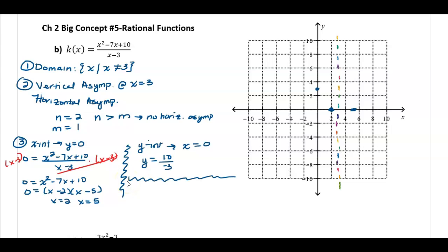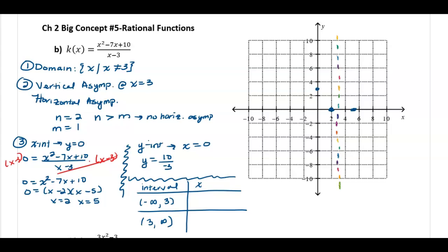Let's go ahead and do our intervals now. So for intervals, we're going to have 2 again, from our negative infinity side to our asymptote and from our asymptote to our positive infinity side. So we'll go negative infinity to 3. And then we'll do 3 to positive infinity. And please ignore my cat if you can hear her.